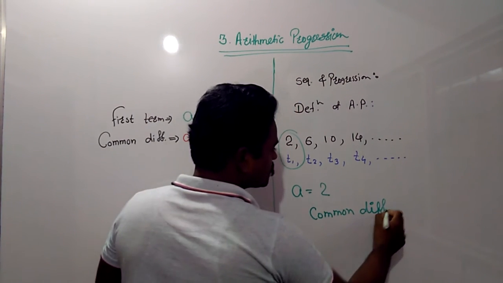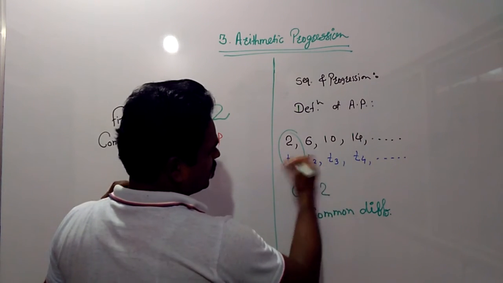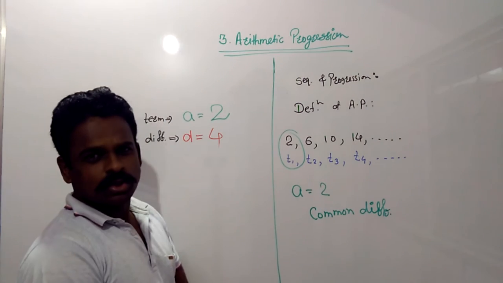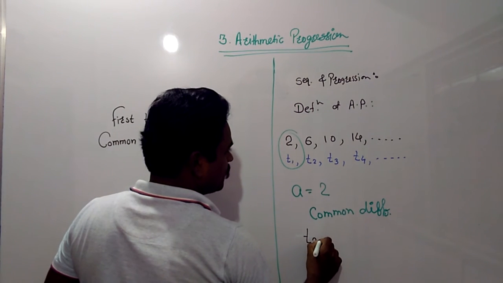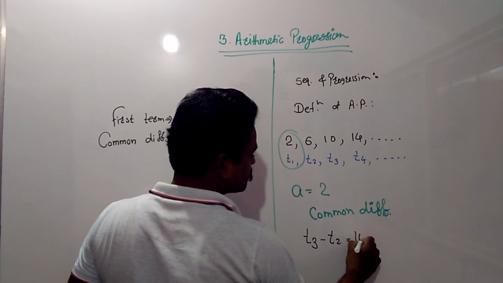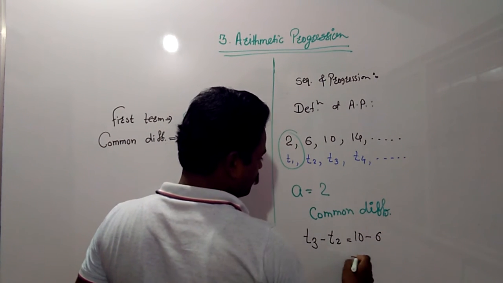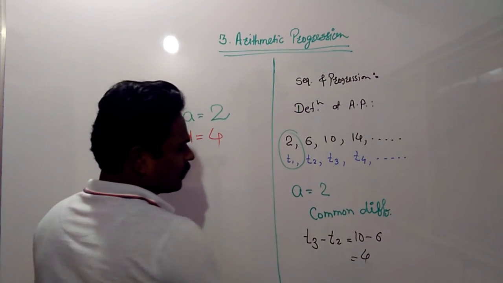Say I need to find the common difference in this particular sequence. Here I can write T3 minus T2 is equal to, T3 is 10, minus T2 which is 6. So 10 minus 6 is 4. So this will be the common difference.